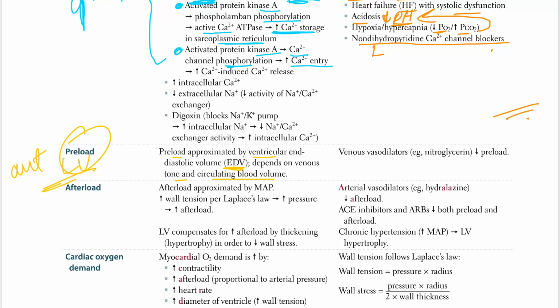So what are they trying to say here? How would you know how much blood is coming into the left ventricle? Well, to calculate that, you could approximate it by seeing how much is the end diastolic volume in the left ventricle.